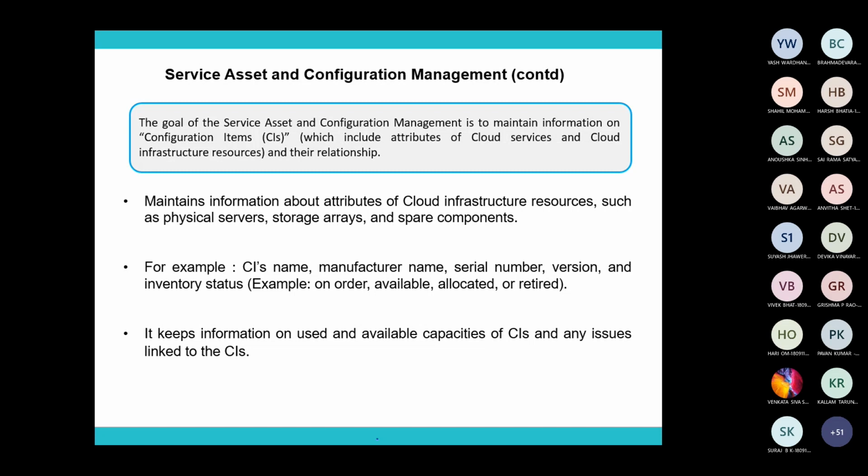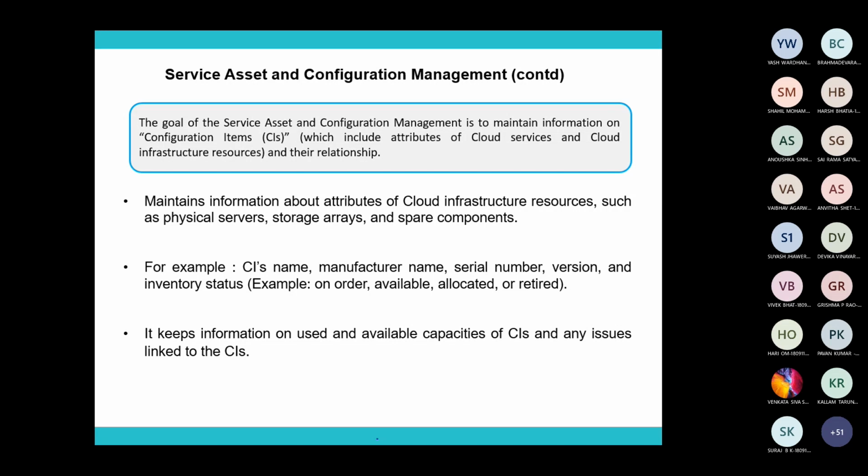This service asset and configuration management maintains the information attributes about all these configuration items: the configuration item names, who the providers are for that particular component, serial number, version, and inventory status.